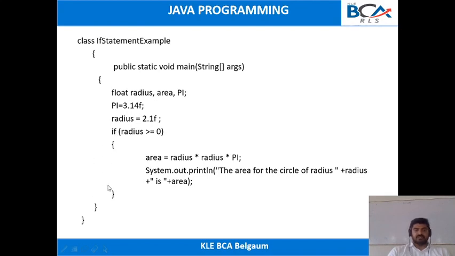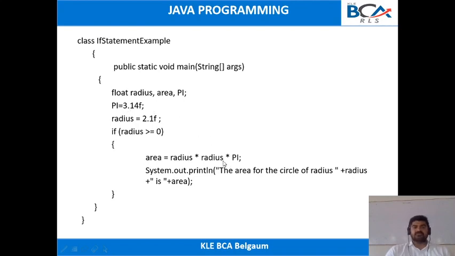So here we have an if condition. This is the syntax. We are checking whether the radius is greater than or equal to 0. Here the radius value is 2.1, so 2.1 is greater than 0. Then the condition is satisfied, so next it will go to the area. Area equal to radius into radius into pi, which will calculate 2.1 into 2.1 into 3.14.